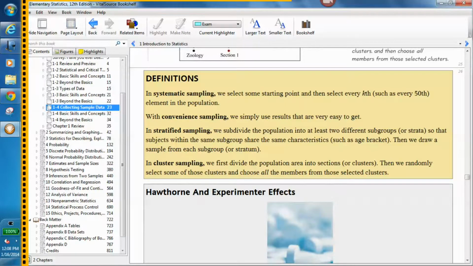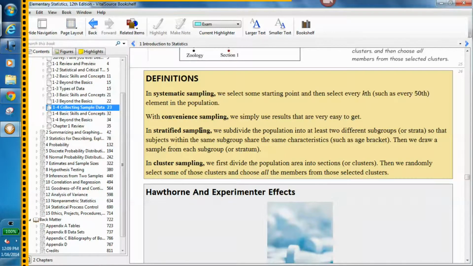So you start at some point, and then you have some type of method of choosing every third, every second, every fifth person, something like that. Convenience sampling. We simply use results that are very easy to get. Convenience. Easy. So that's pretty easy to remember. That's one type of sampling.